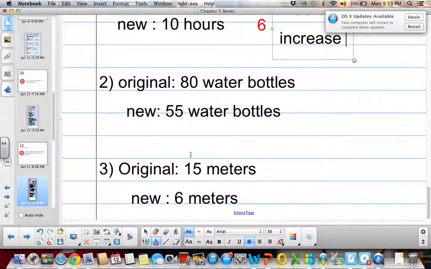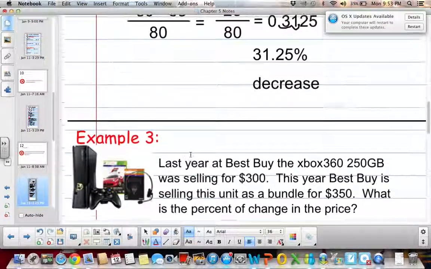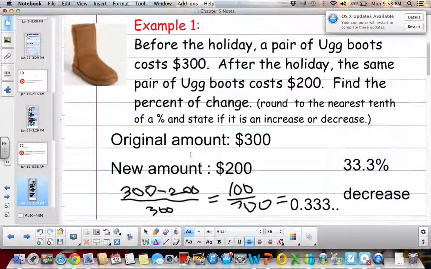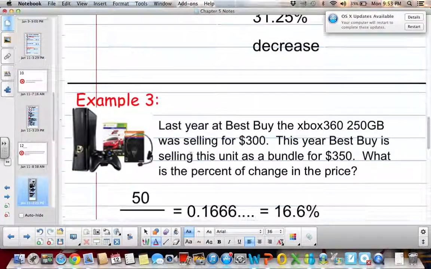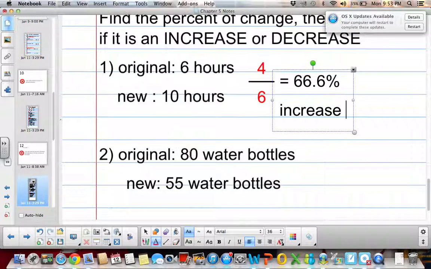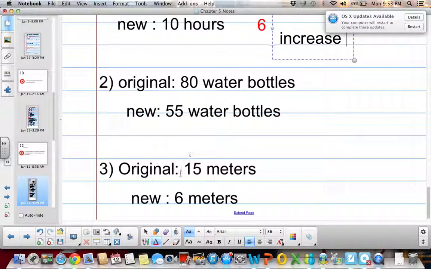Okay, those are the exact same numbers as example 2. So I'm going to have you do number 3 really fast on your own. You can pause me and do it and then come back and check your answer. So we have 15 minus 6 equals 9, and then we put it over 15.